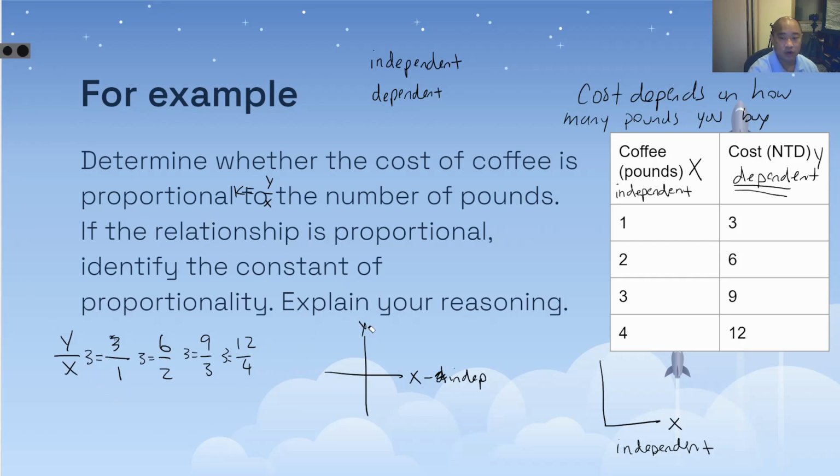So if I was writing the answer here, I would write the relationship is proportional. And then the constant of proportionality, k, equals 3. And then my reasoning would be that all of the y values divided by all of the x values equals 3.